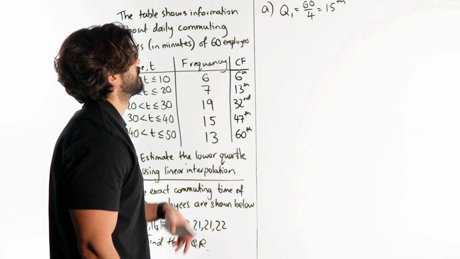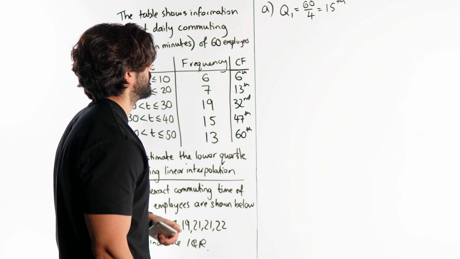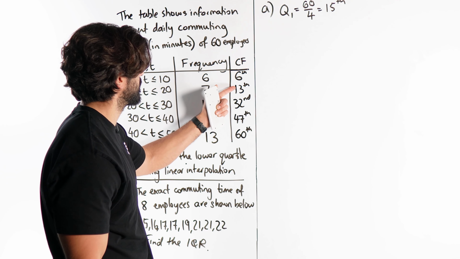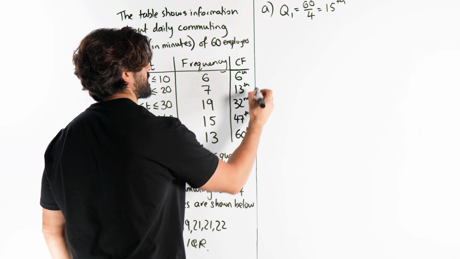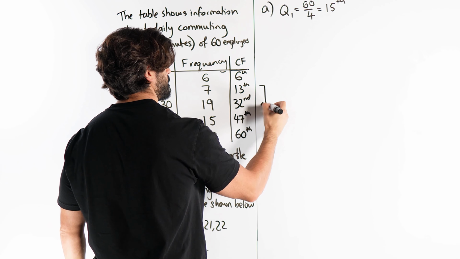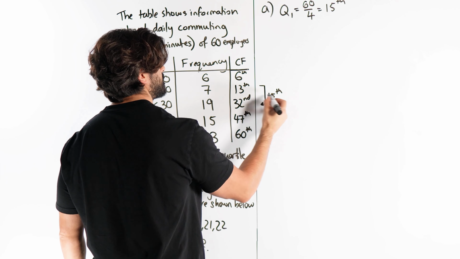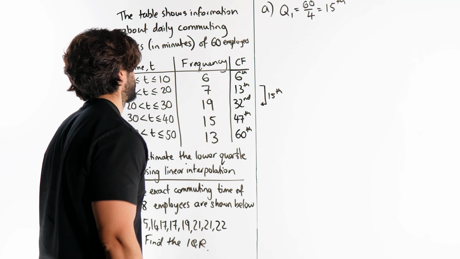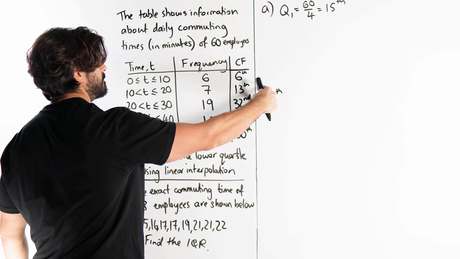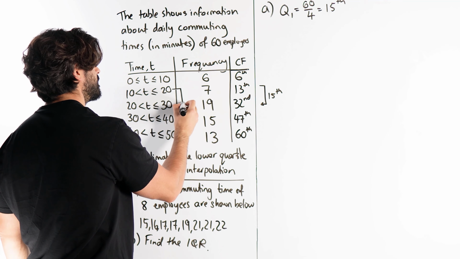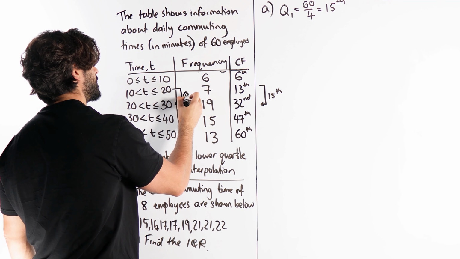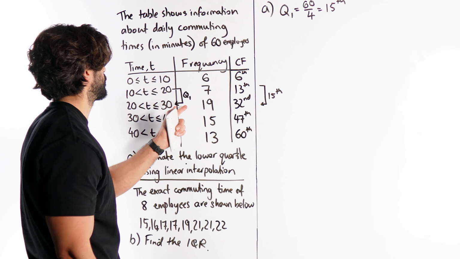Now, where is the 15th person? Well, the 15th person is between the 13th person and the 32nd, which means their commuting time is somewhere between 20 and 30. So my Q1 is between 20 and 30.